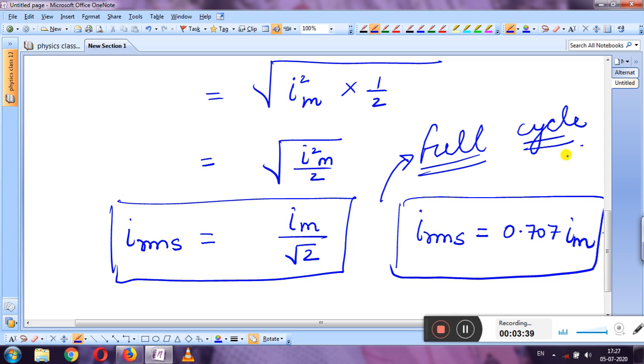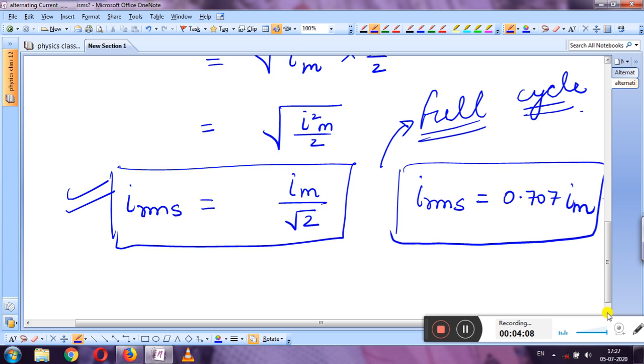The average current for a full cycle was coming equal to 0, so we found it for a half cycle. Although finding average current is not shown anywhere in the NCERT, we still did it. And today we did this derivation and found the RMS current. RMS current we got equal to Im upon root 2, or we can say 0.707 Im.